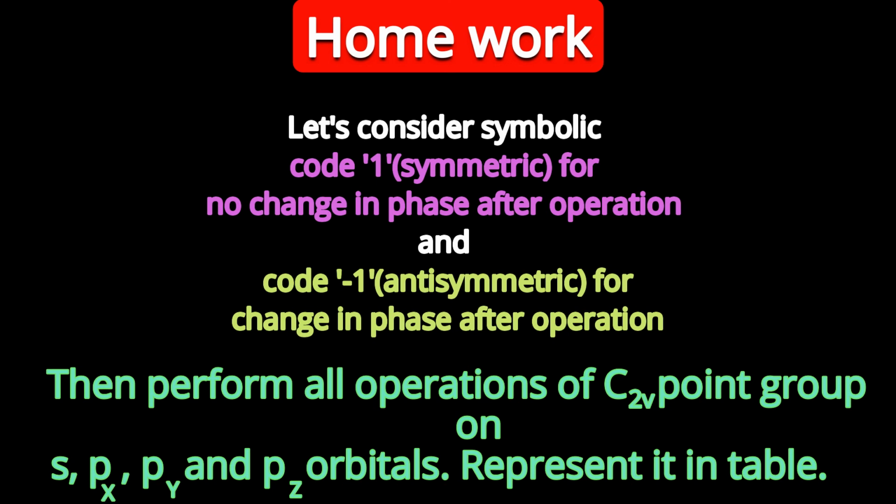So in front of the py orbital, I'll write a set of code numbers 1, -1, -1, 1. Likewise, for all orbitals, you have to represent in a tabular form. Is it clear? Let's compare homonuclear and heteronuclear diatomic molecules with respect to molecular orbitals in the next part.